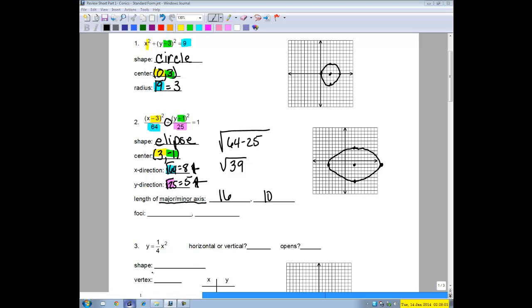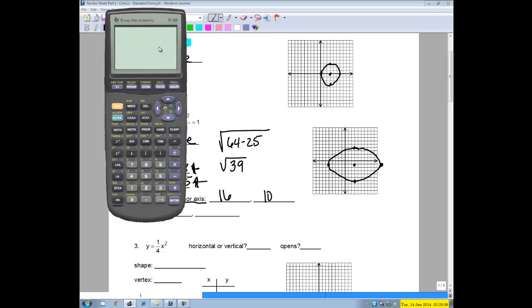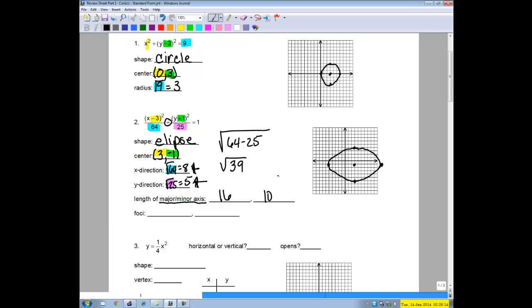The square root of 39 is 6.2. So that equals 6.2.